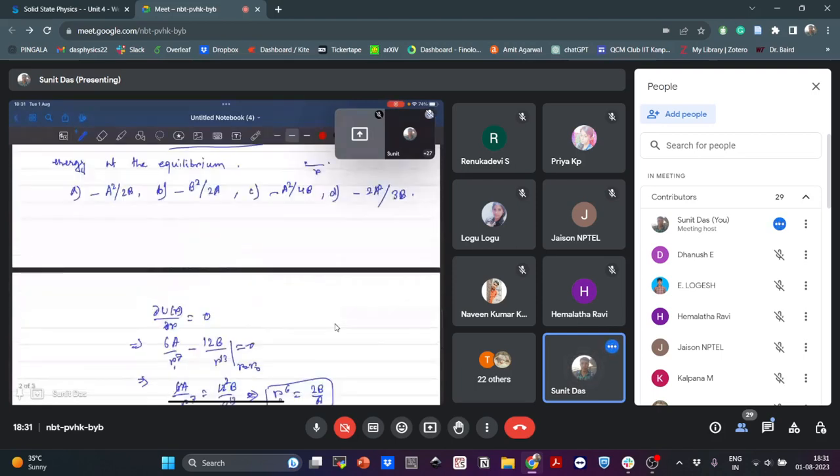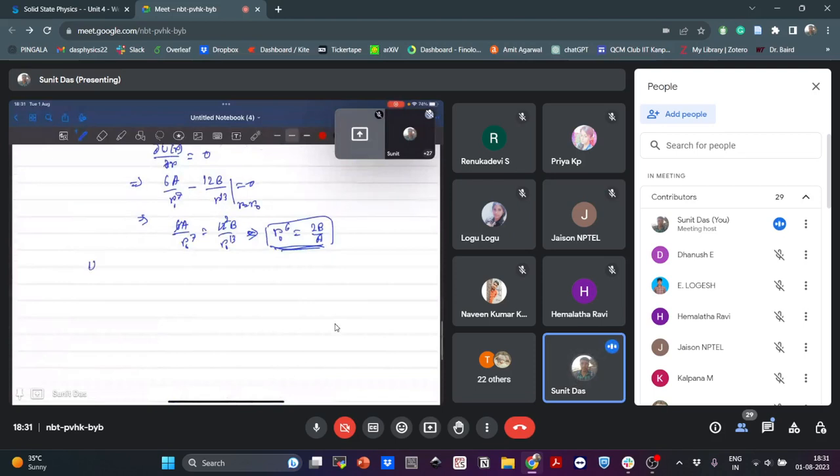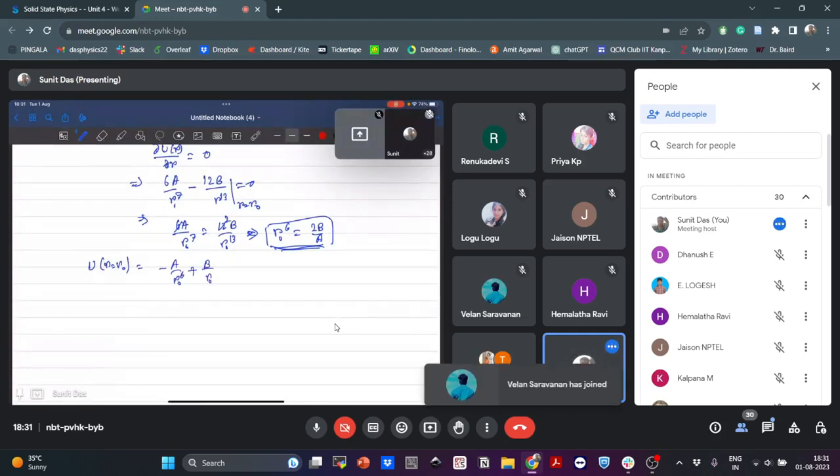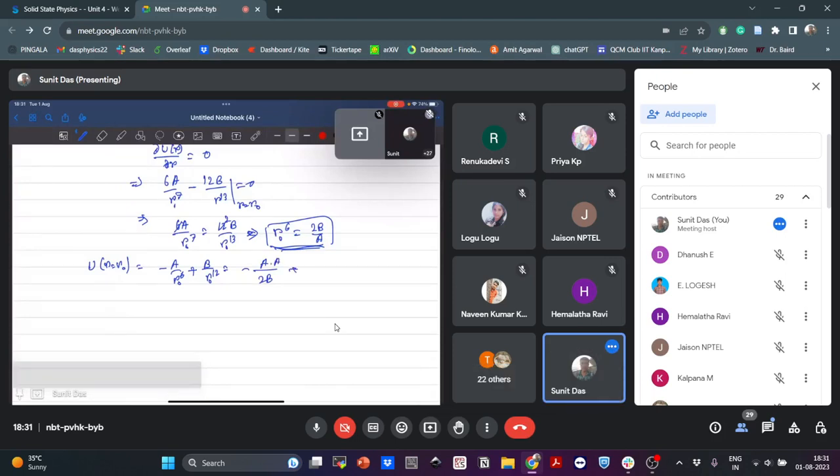Potential energy at r equal to r naught is given by minus a by r naught to the power 6 plus b by r naught to the power 12. So the final answer will be minus a square by 4b.